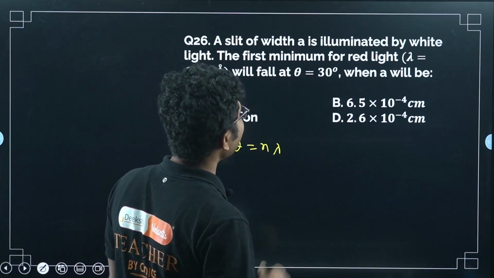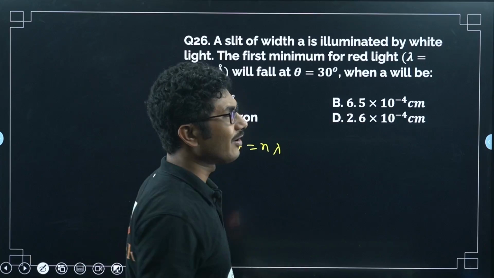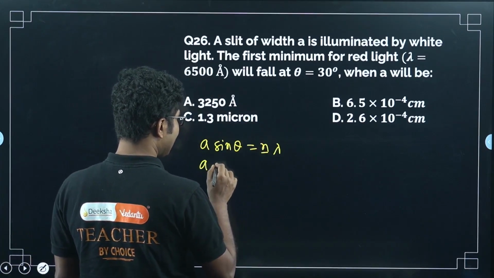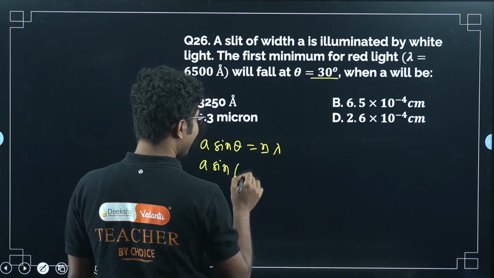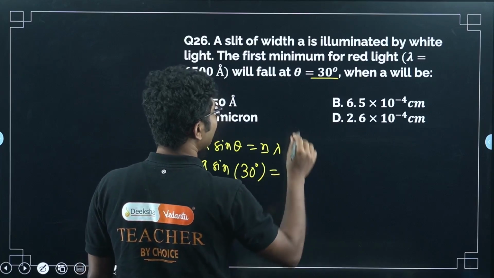First minimum means n equals 1. So a sin 30 degrees, everything is given, you only have to plug in the values and calculate the answer.